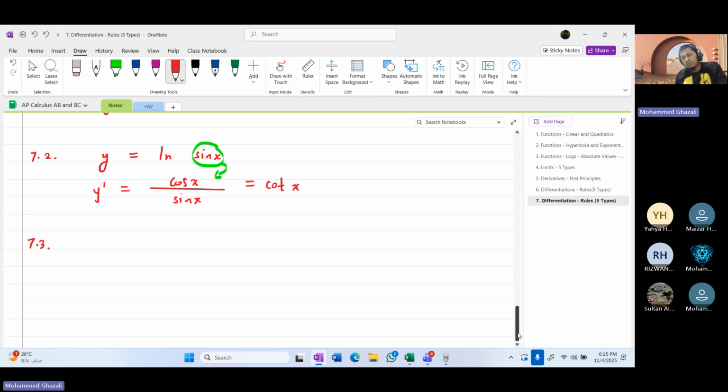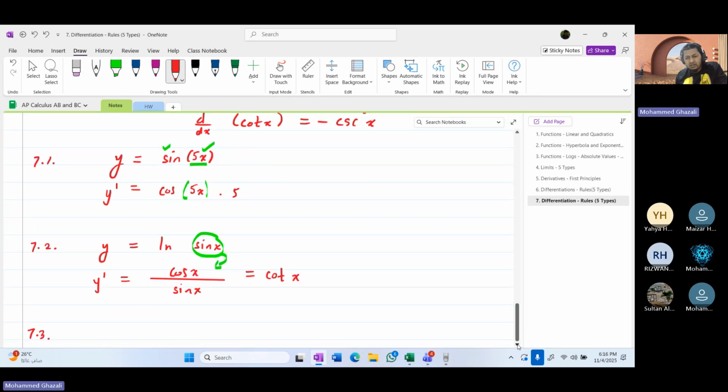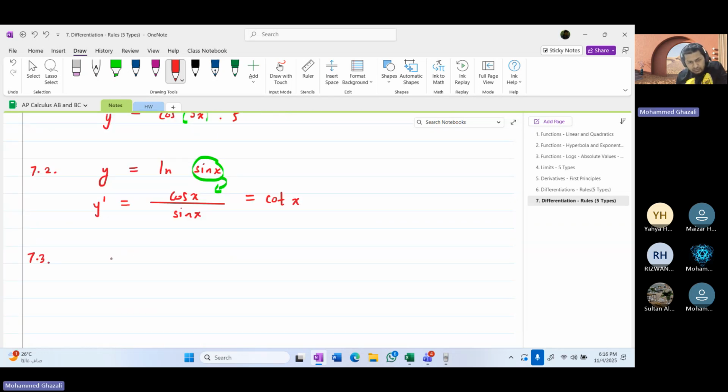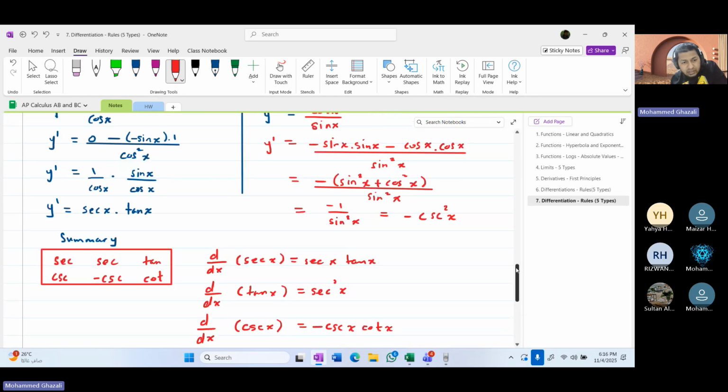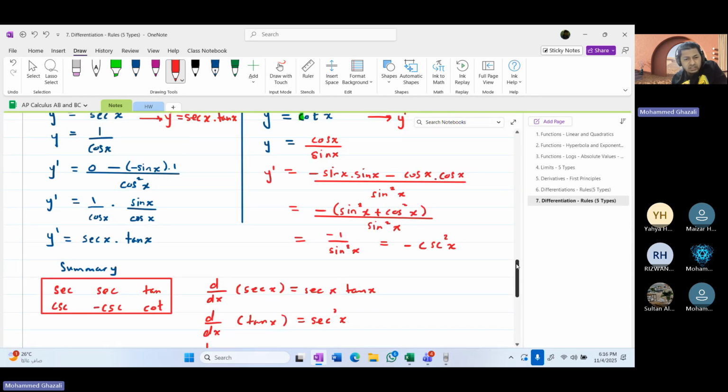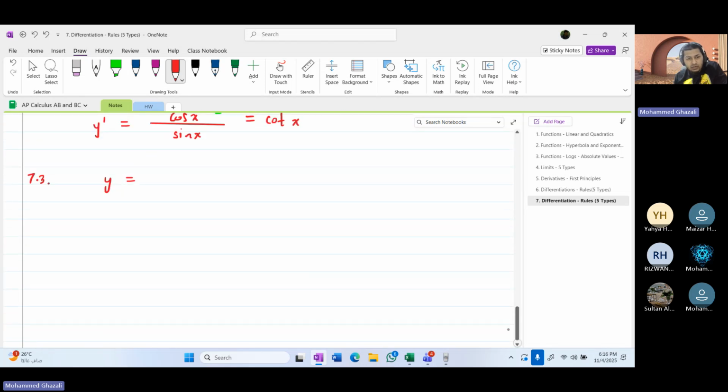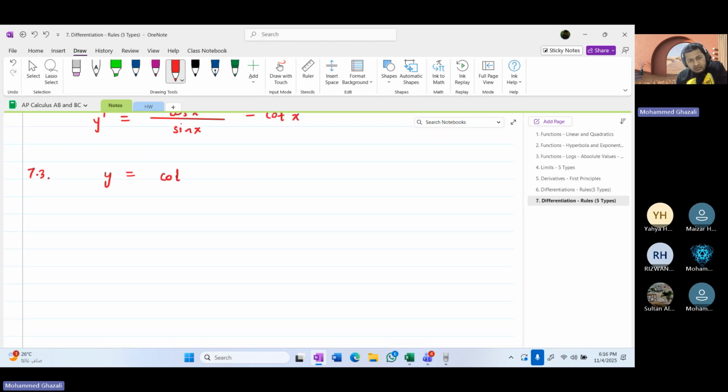Now, guys, there are infinite problems in these examples, so I'm going to go over more examples now. Let me give you a complicated one. Let's try to differentiate y equals cot cubed 3x. Okay, let's not make it confusing because you've got a 3 there and a 3 there.